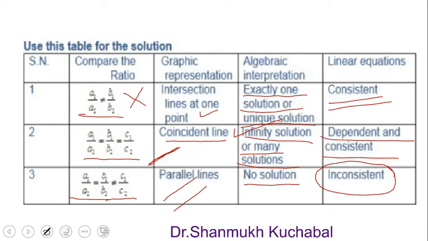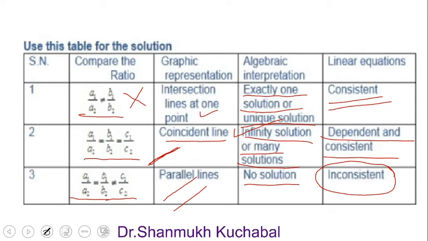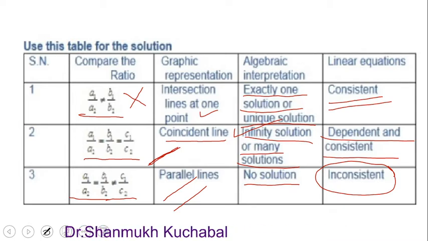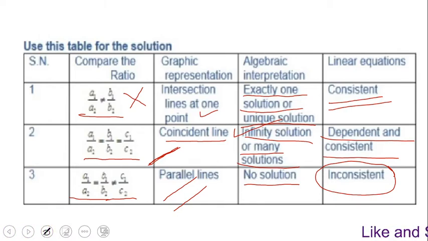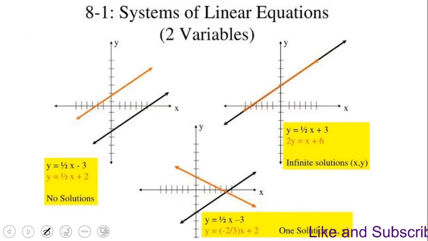Remember, consistent means a unique solution or infinitely many solutions. Inconsistent means there is no solution and the lines are parallel. These are the basic things you learned in 10th standard. Now, these are the representations.